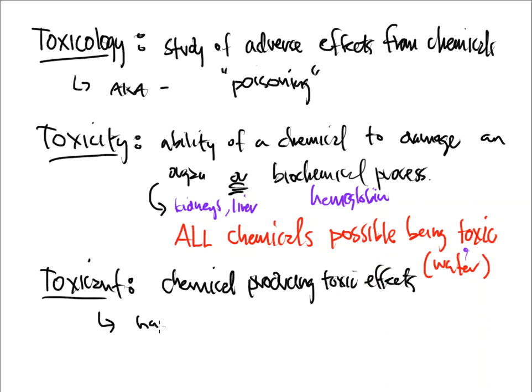Toxicants can be naturally occurring. Mother Nature is a mean one. She makes all kinds of toxins. So, for instance, a toxicant that would be natural would be something like nicotine. Yeah, we'll get to that a little bit later. Or a toxicant can be man-made. If it's man-made, this would be something like a dioxin.